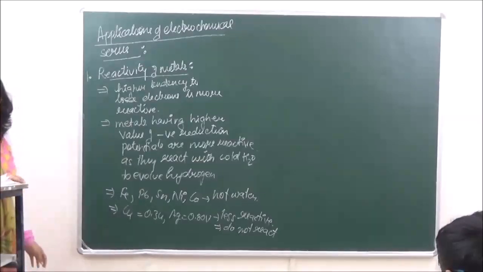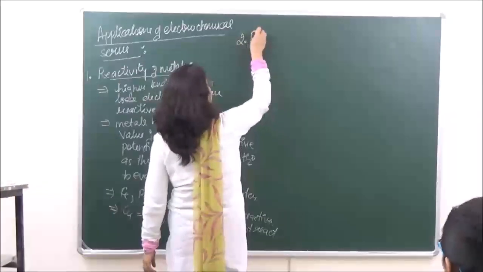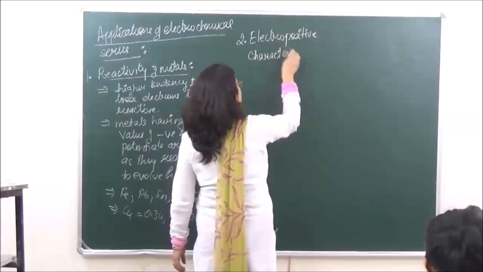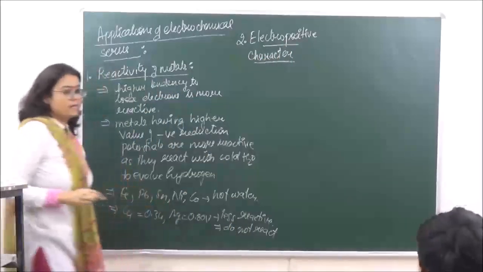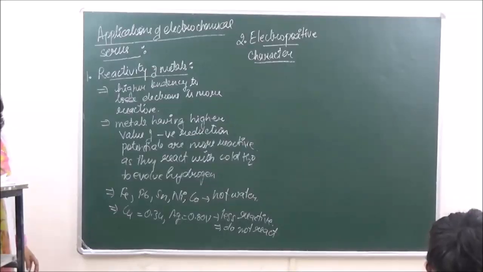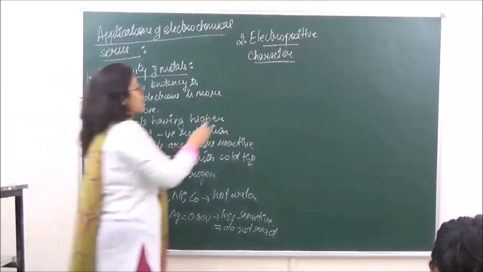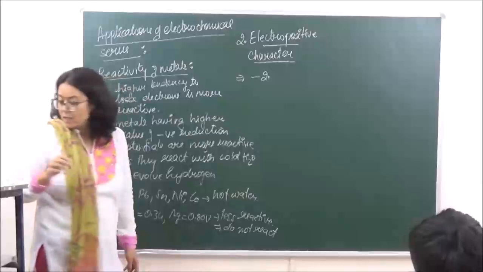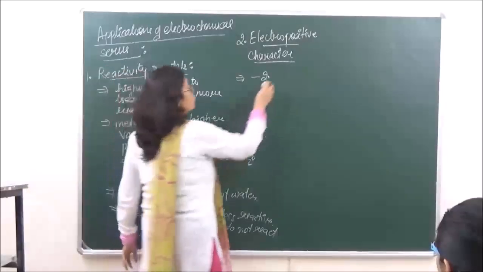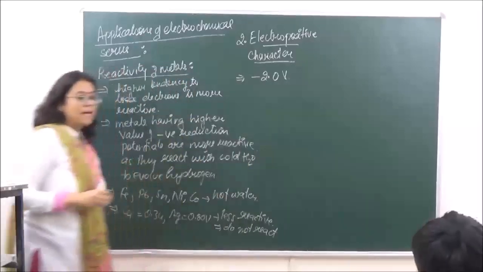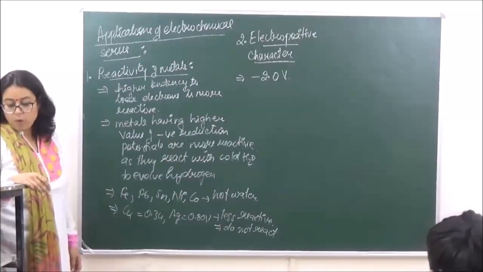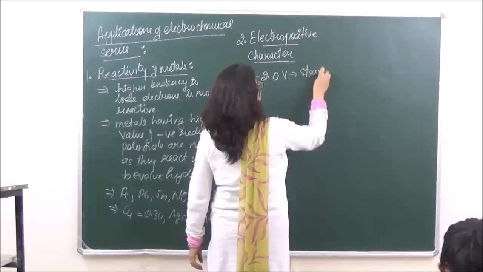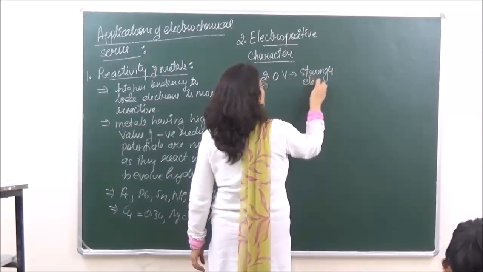Then the second is electropositive character. Now when we are talking of electropositive character, all those metals which have a value of minus 2.0 volt or more negative than this are strongly electropositive.